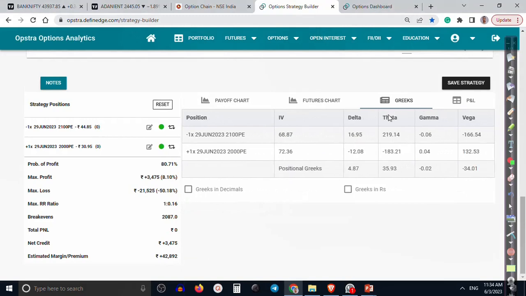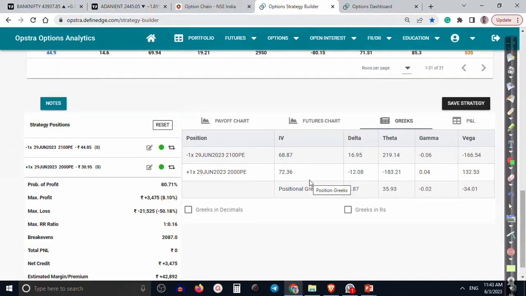So always remember the delta. Okay, here you can see this is the first column, called delta. All right, you can see here first the delta. The put sell delta is almost 17 and the put buy delta is 12. If price goes against us, delta will increase.